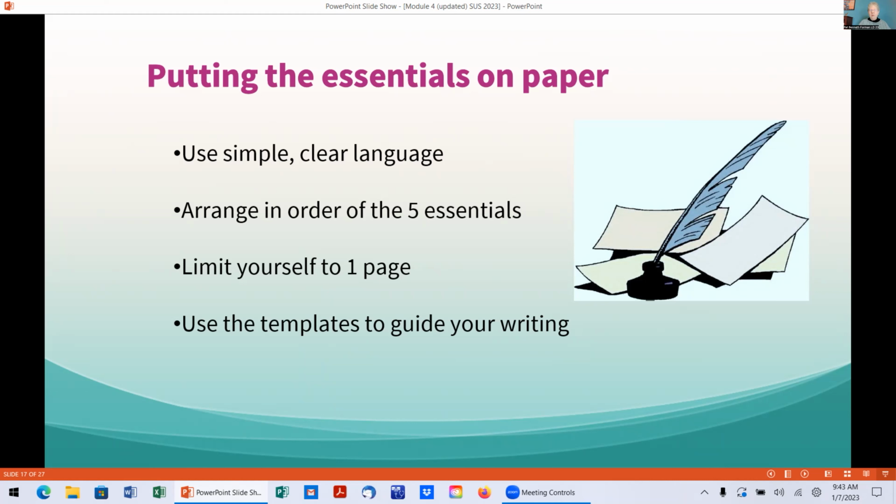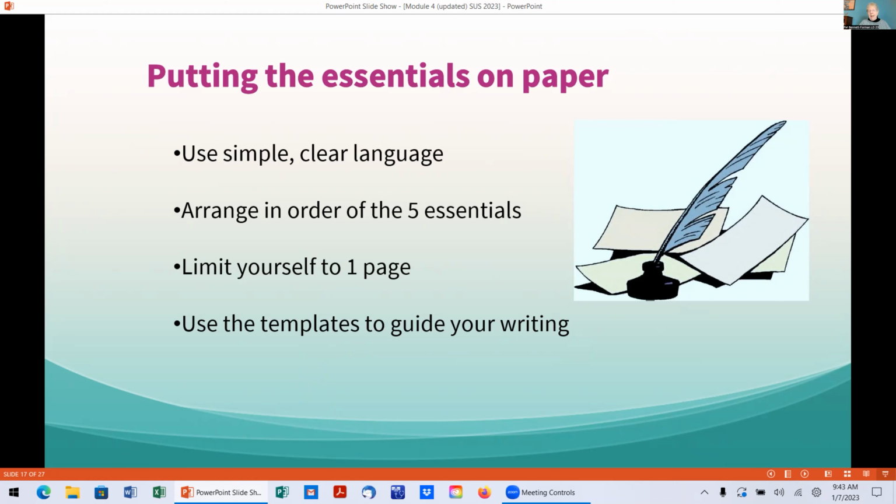Arrange them in the order of those 5 essentials: introduction, your issue, your story, the facts, and your ask. And limit yourself to 1 page. Typically 1 page is about 300 to 500 words. And 1 minute of oral testimony is about 150 words.